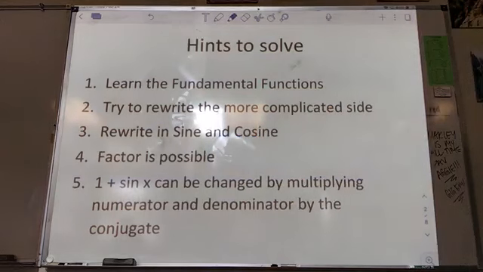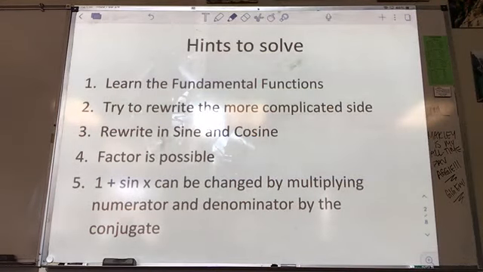So if we see a 1 plus sine, you're going to multiply by a 1 minus sine. What that's going to do is turn it into a Pythagorean identity. If I multiply 1 plus sine by 1 minus sine, that's going to do FOIL, the F and the L of the FOIL, which will turn into 1 minus sine squared, which goes straight to our Pythagorean identity.